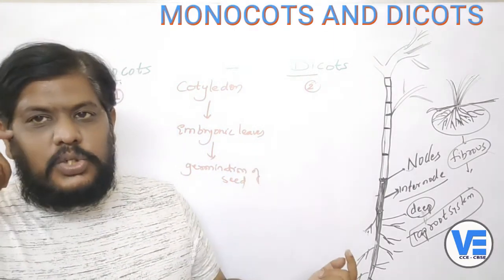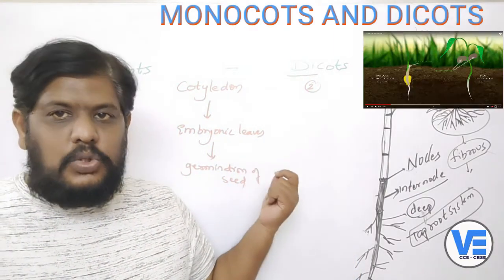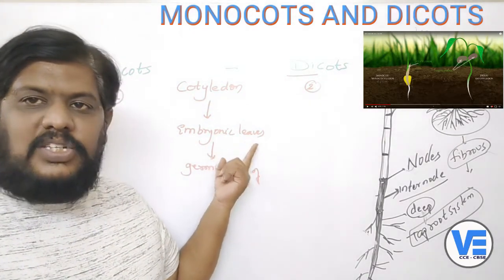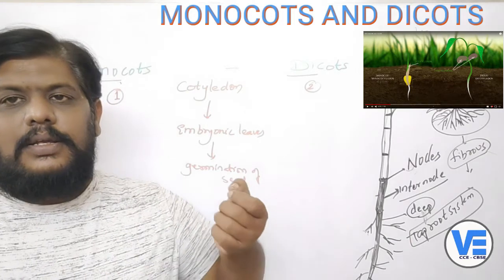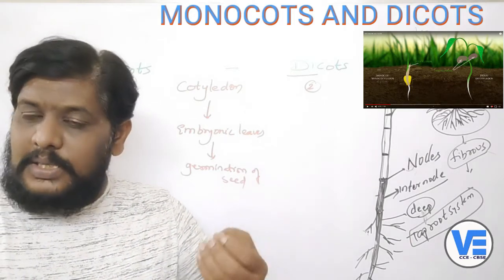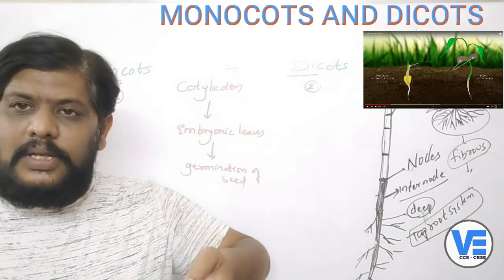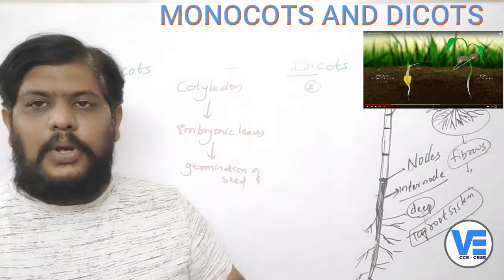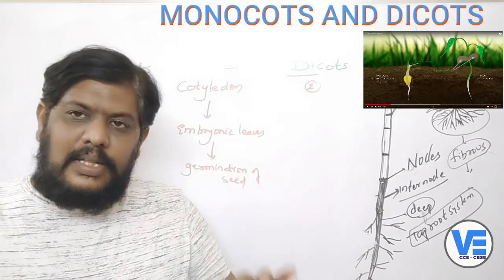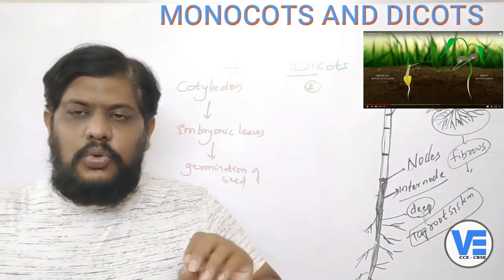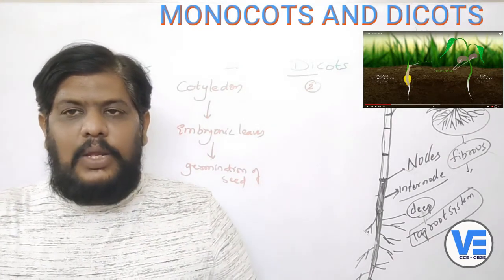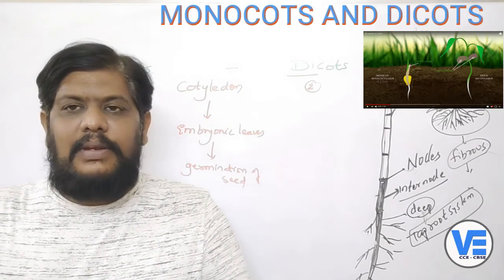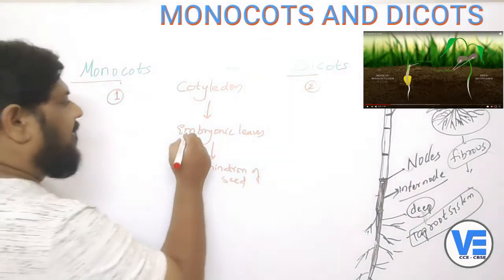These are not the true leaves, but embryonic leaves which give support to the plant and the seed, and to the true leaves which are going to come out, until they start the process called photosynthesis. Till the true leaves come out, the plant requires nutrients to survive.